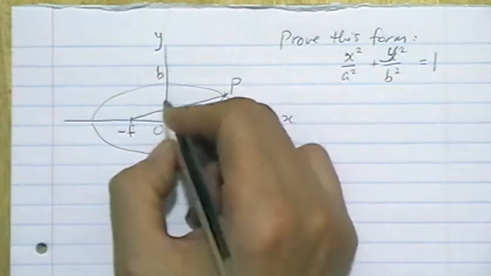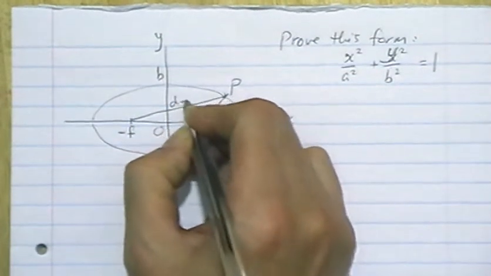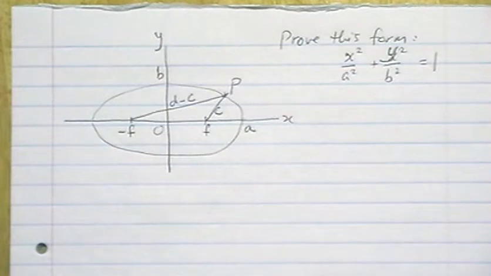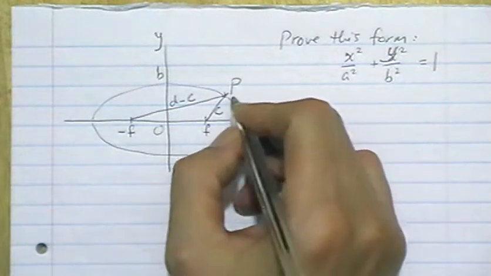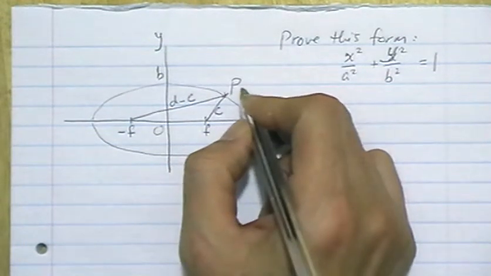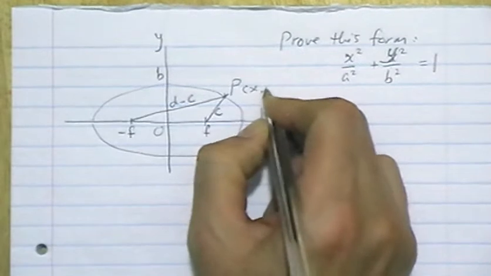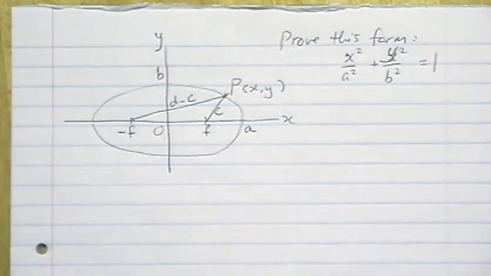Therefore this length must be D minus C. Let's say the coordinates of P are x, y.